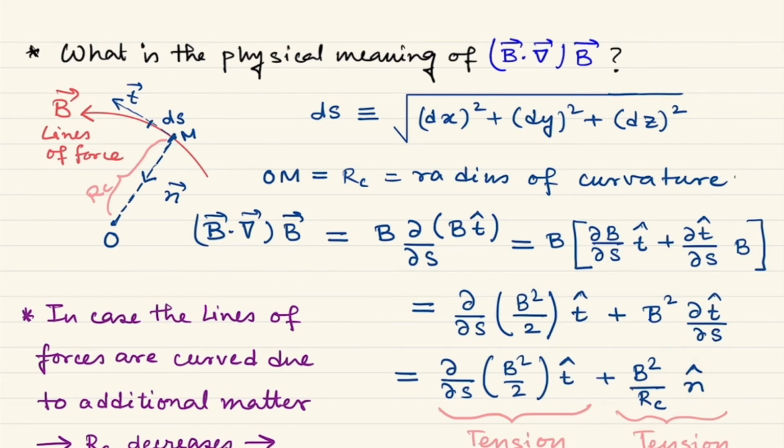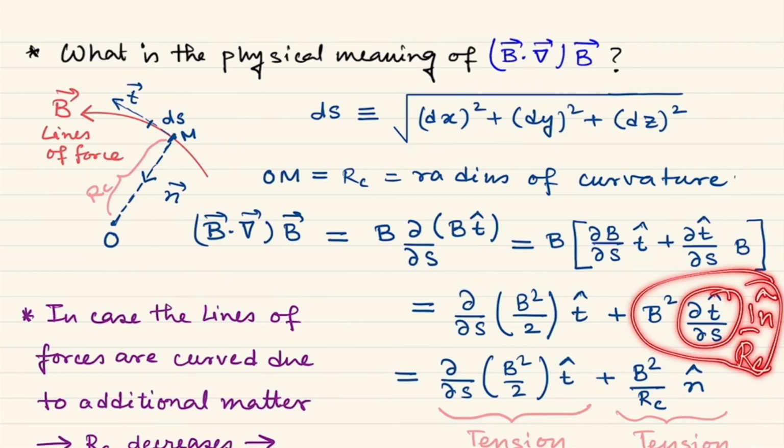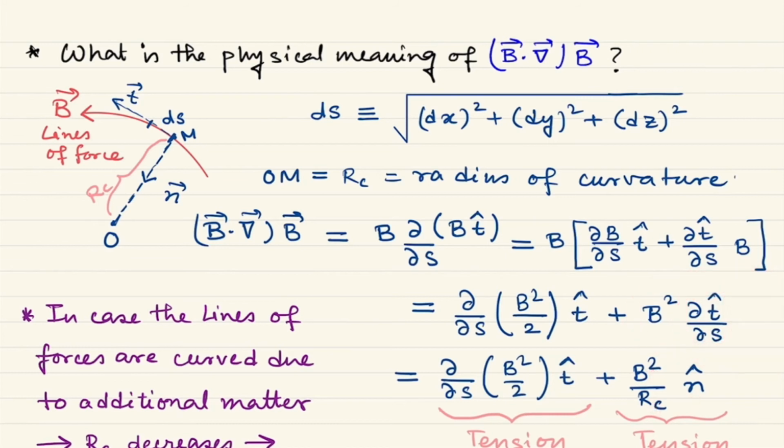If this is the case, then the whole thing will be B square by RC times n cap. So this one is the tension along B, because this is along the tangent direction, and this one we are calling tension perpendicular to B.